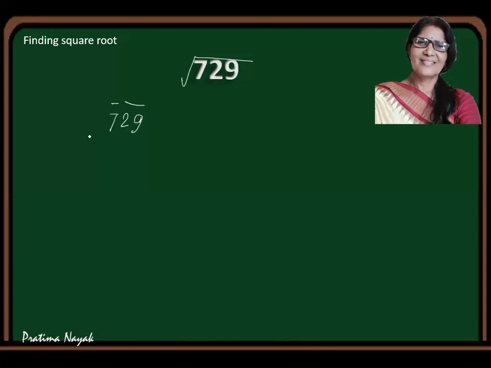I am repeating again. Then we think whose square is just less than 7. So it will be certainly 2. 2 times 2, 2 square is 4. Then what we do, we subtract. How much will it be? 3. Then we bring down the 2 digits together.